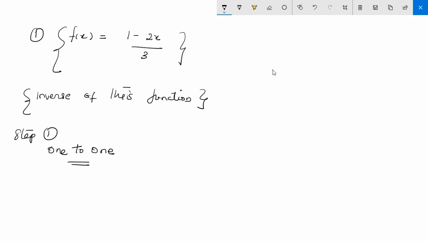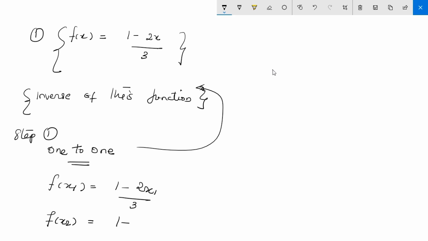So checking 1 to 1, f of x1 is equal to 1 minus 2x1 divided by 3, and f of x2 is equal to 1 minus 2x2 by 3. If f of x1 is equal to f of x2, then x1 is equal to x2 if you solve this.